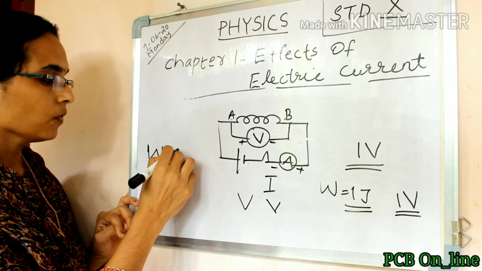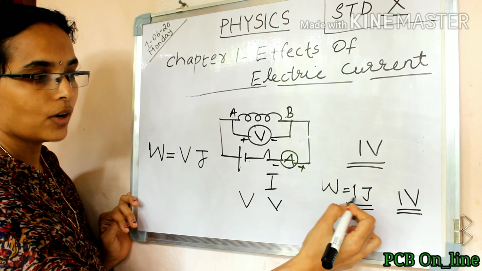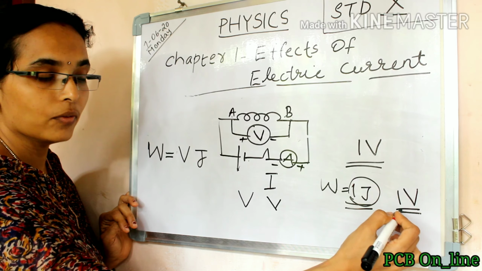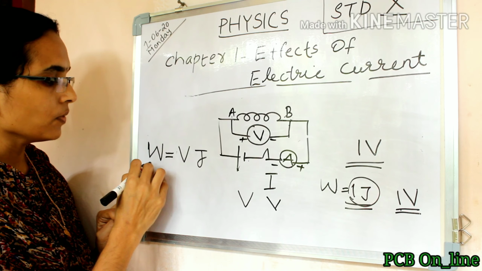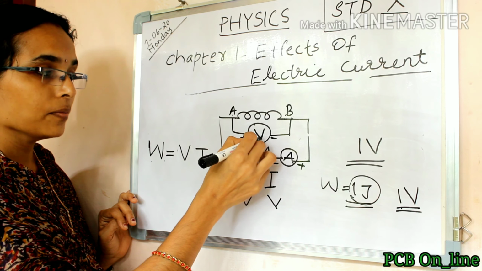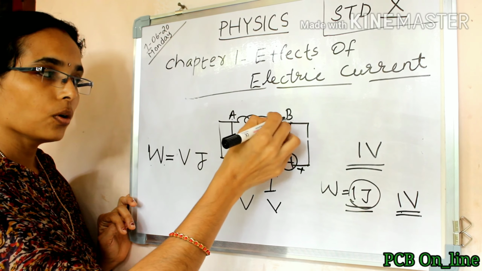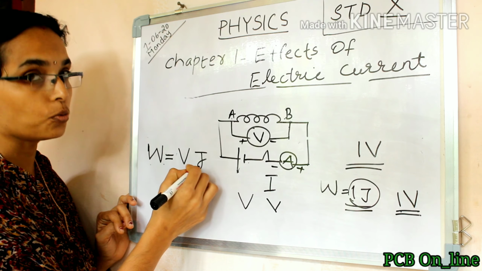That will be V joule. When we apply potential difference V volt to move 1 coulomb of charge from A to B, the work done will be V joules.